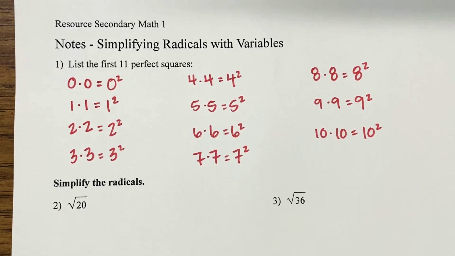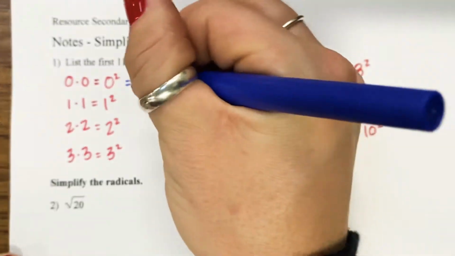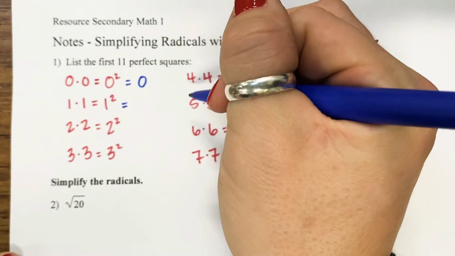All right, now we're gonna figure out the number that these actually equate to. So what is 0 times 0? It's gonna give me 0. Okay, what's 1 times 1?